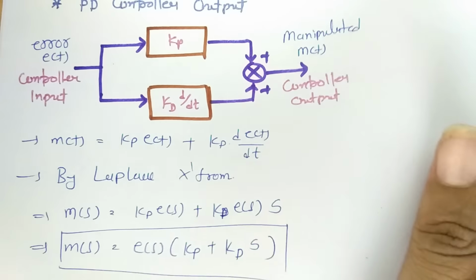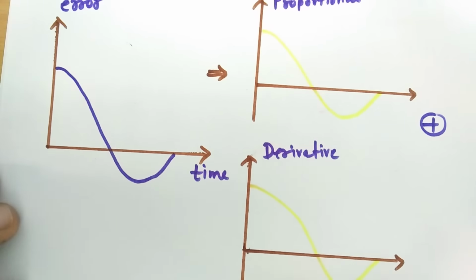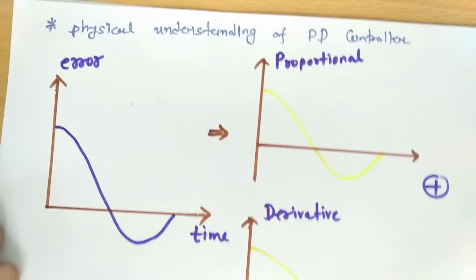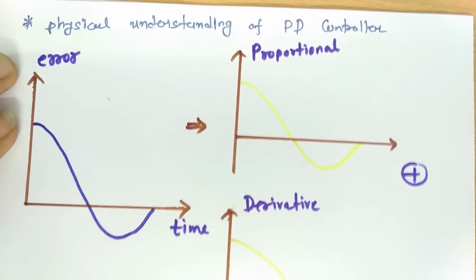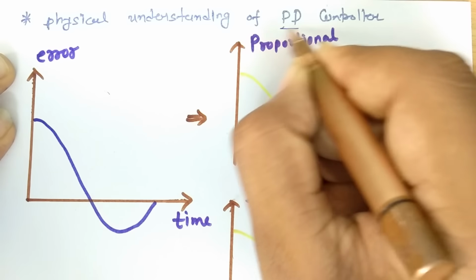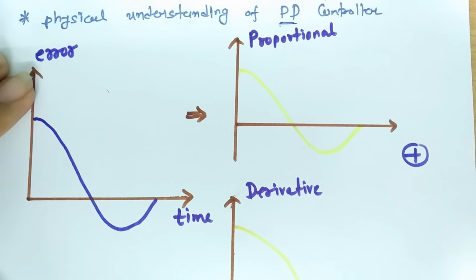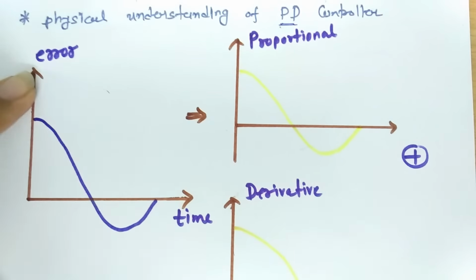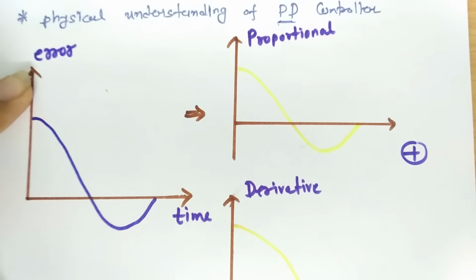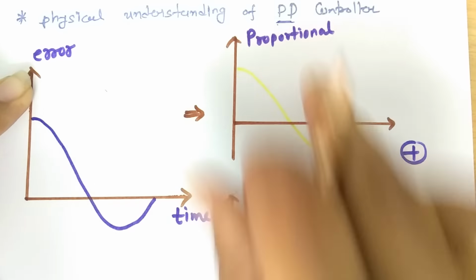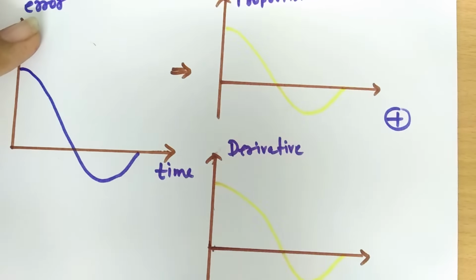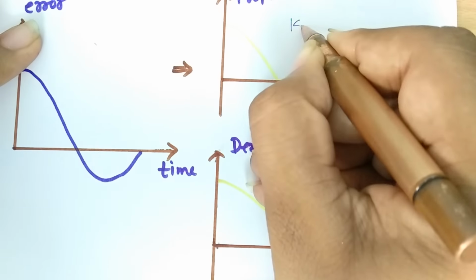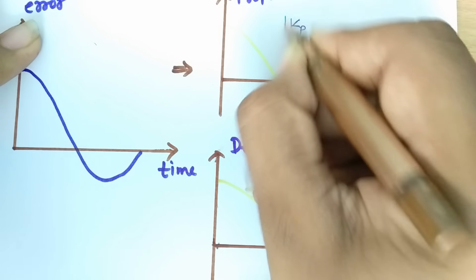Now let us try to understand the significance of the proportional derivative controller and the physical understanding of it. Here is the error signal, which we are giving at the input of the proportional derivative controller, to the proportional controller as well as the derivative controller. Now let us understand how the output will come. The proportional controller has output based on Kp only.